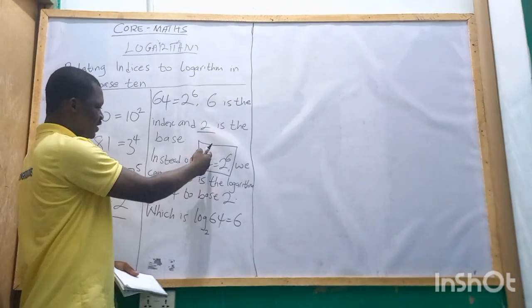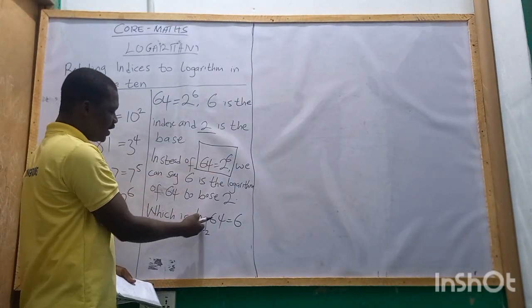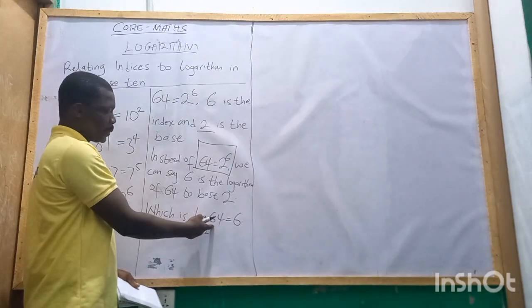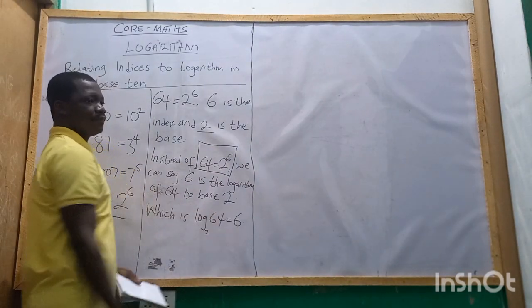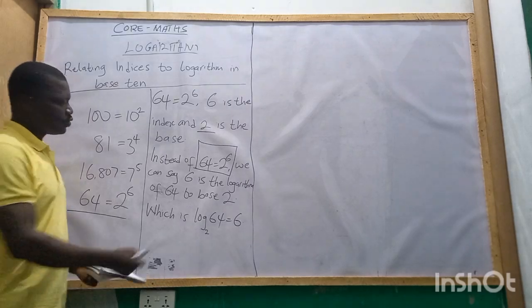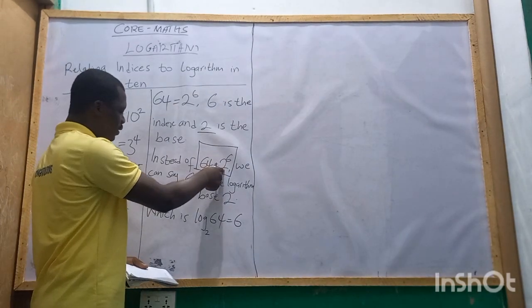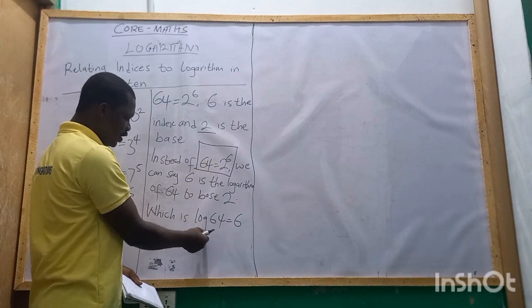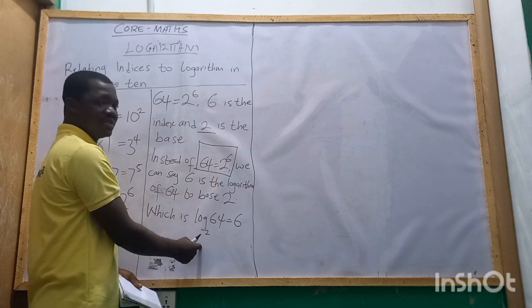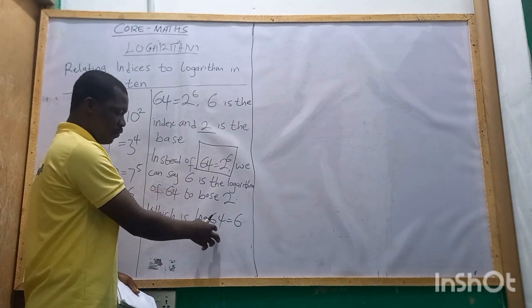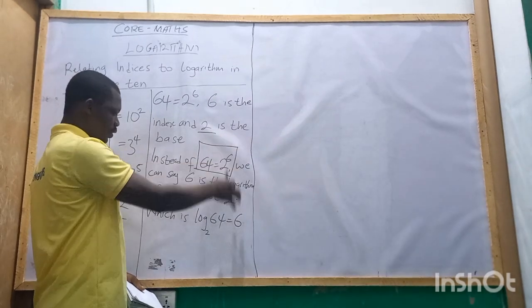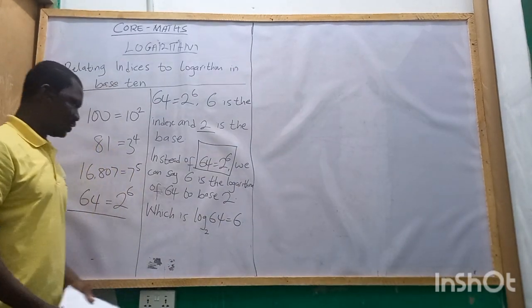Then the 64, we bring it in front of the log. Then our exponent, we write it here. Very simple. We maintain the base, bring the 64 in front of the log, then make our exponent equal to that.